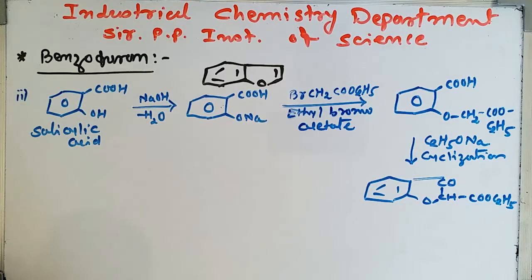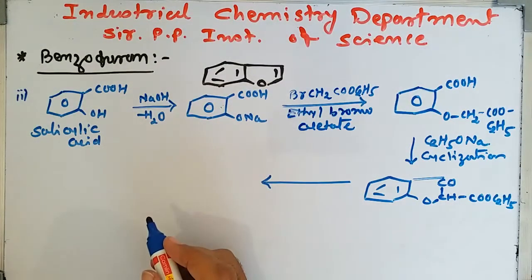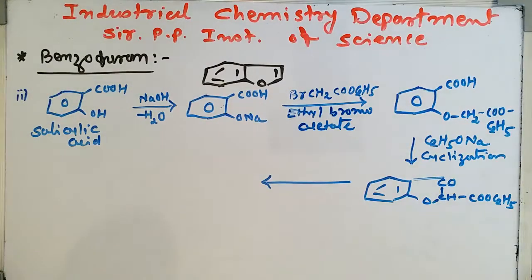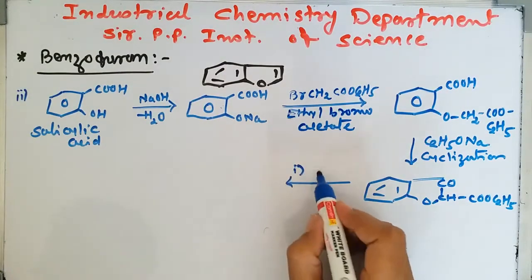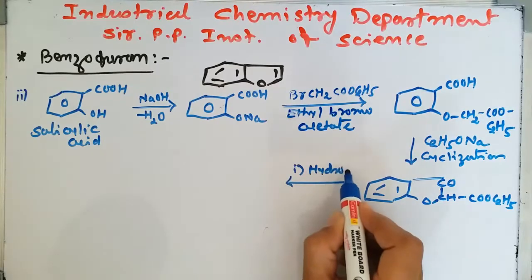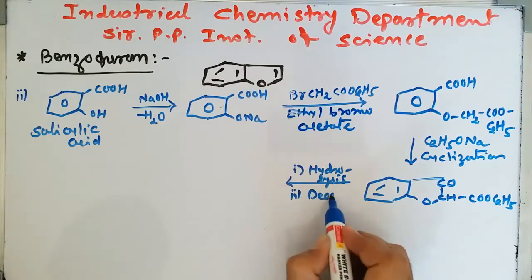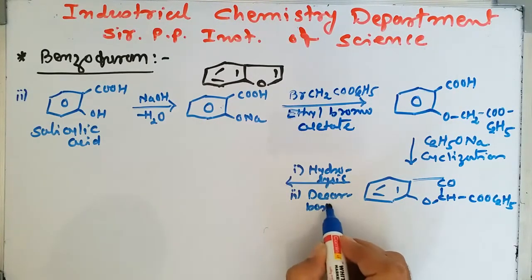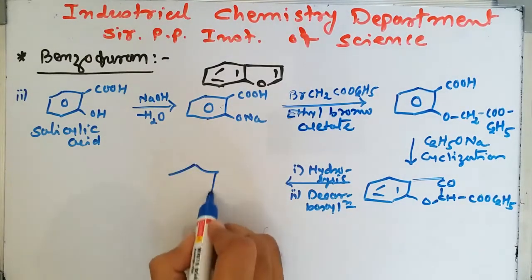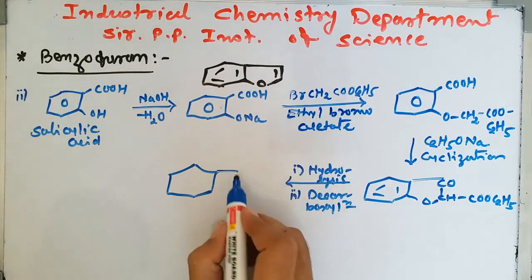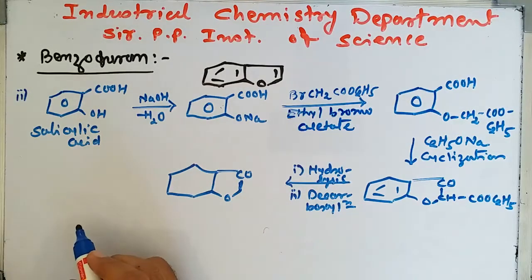Now two reactions take place on this derivative. First hydrolysis, and second decarboxylation, so it is converted into an oxide derivative.